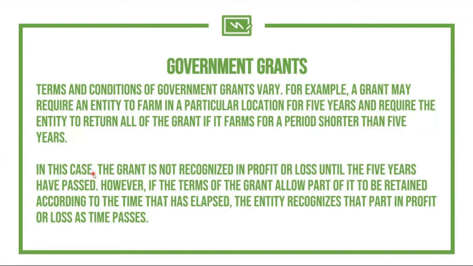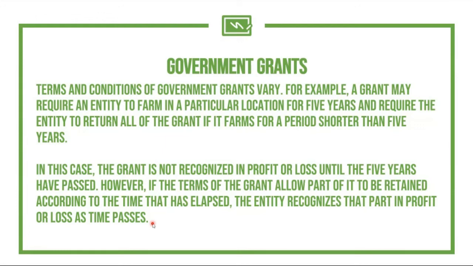In this case, the grant is not recognized in profit or loss until the 5 years have passed. However, if the terms of the grant allow part of it to be retained according to the time that has elapsed, the entity recognizes that part in profit or loss as time passes.